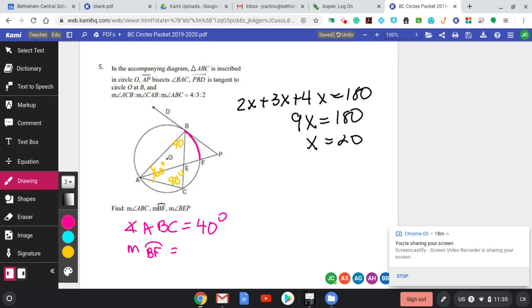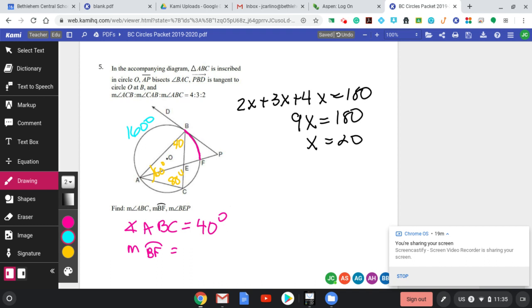And again, if you can't find what you're looking for right away, try to find some other pieces that may lead to that. Everyone see my 80-degree angle, ACB. That's an inscribed angle, and it's drawn to arc AB. So if that's 80, the arc must be 160, right?